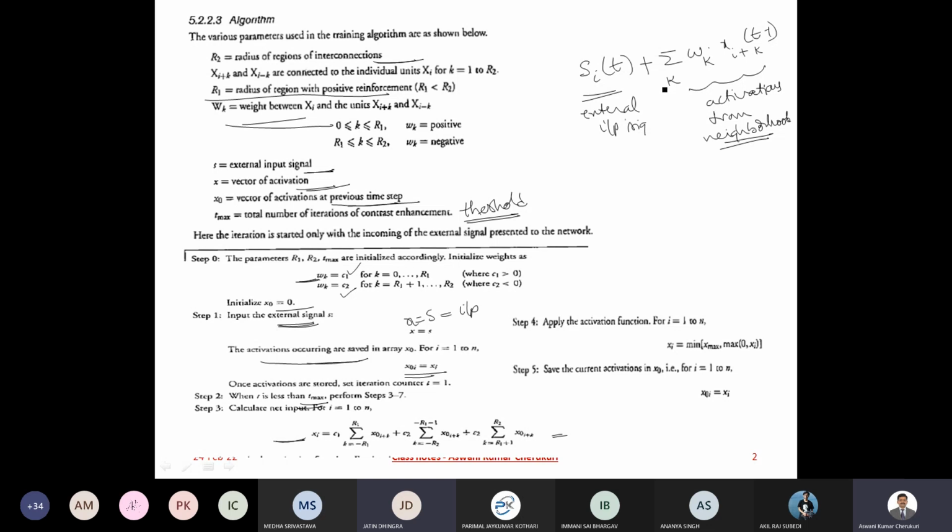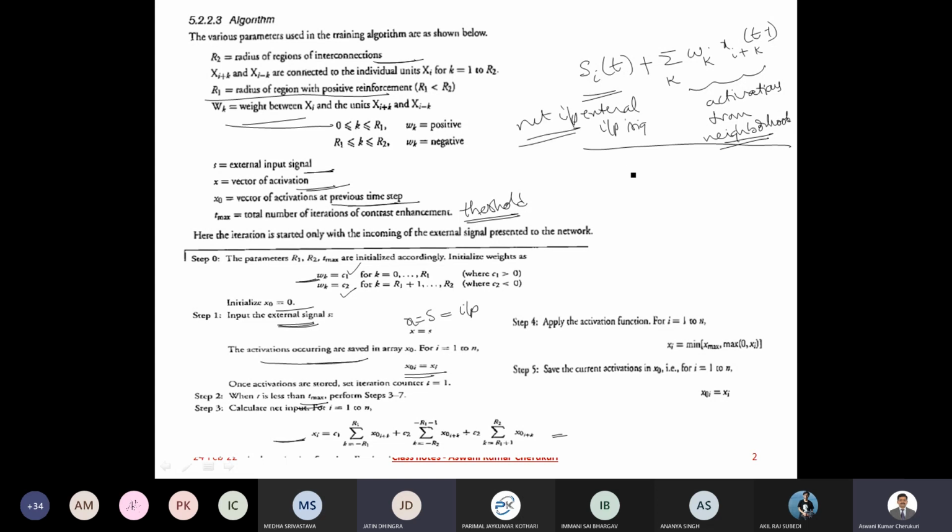That means for the x_i node, i+1 and i-1 on both sides are the only connections with positive weights. The rest of the connections, like x_{i+2} and x_{i+3} on the right side, x_{i-2} and x_{i-3} on the left side, are with negative weights. And remember, no other weights, because for the rest of the nodes, the weight values are 0. So this is how we calculate the activation or the net input.